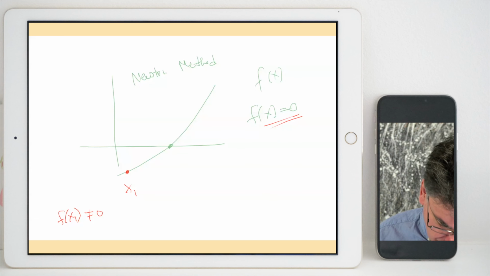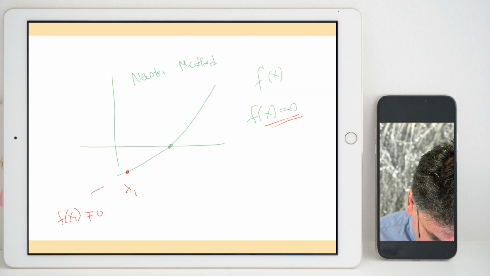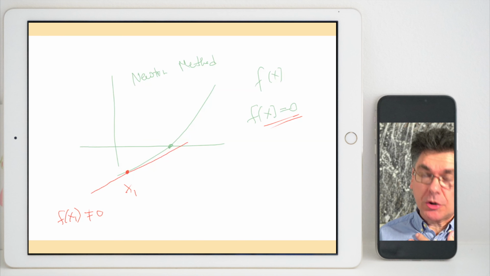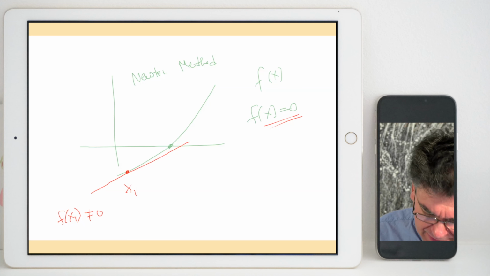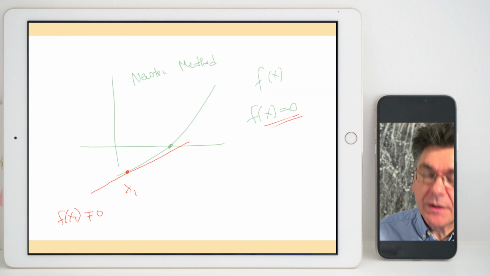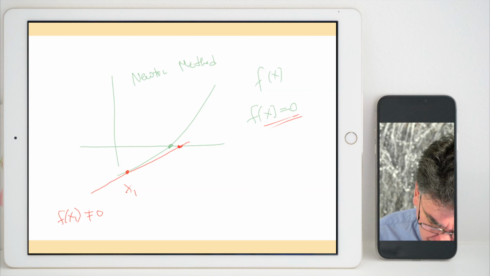What you do is this. This is how the method works. You draw the tangent to your curve, okay? And the tangent to the curve, we know what it is. You can find the tangent using the derivative. Always the derivative, okay? You find the tangent, and then you find where the tangent line crosses the axis.